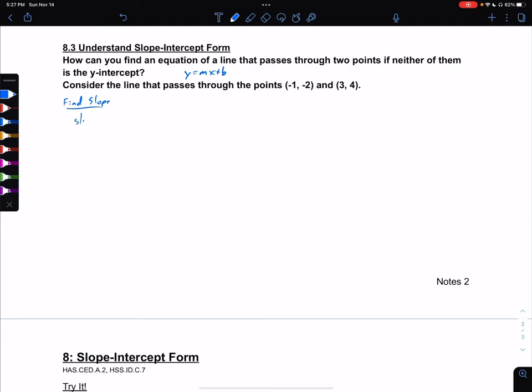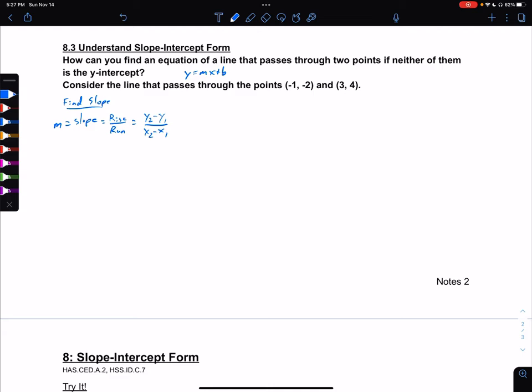And remember that the slope, m, is rise over run. The formula for that is y2 minus y1 over x2 minus x1.